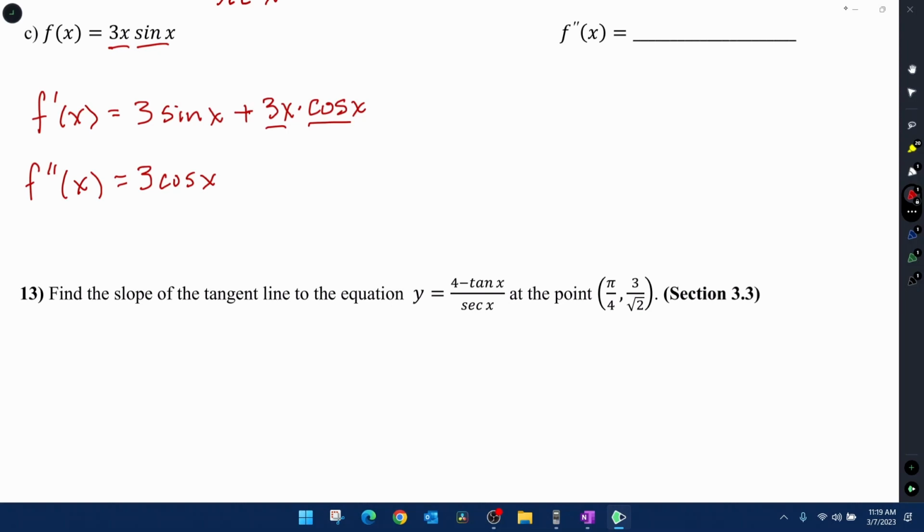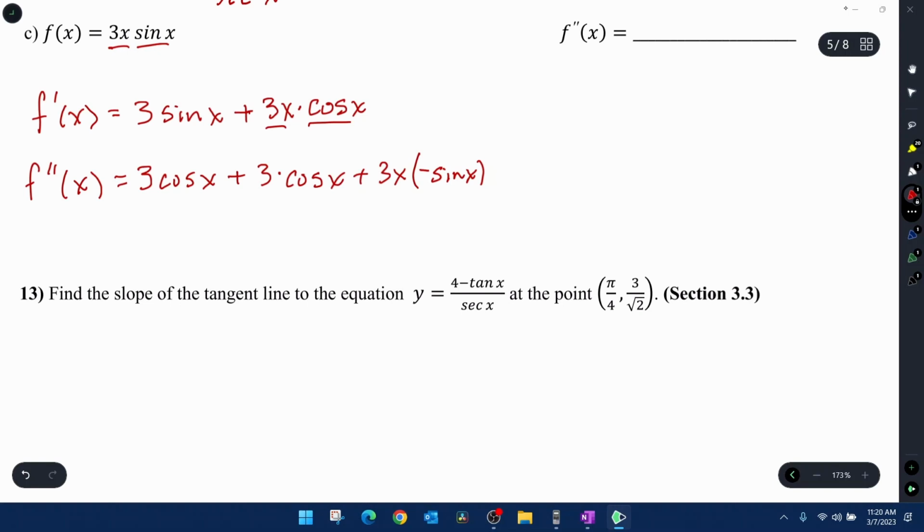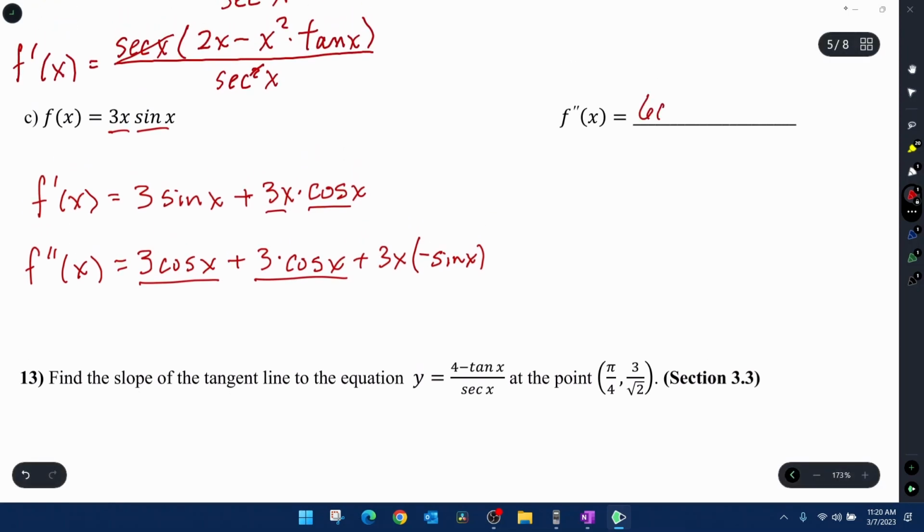So we're going to say plus the derivative of the first times the second plus the first times the derivative of the second. And what is the derivative of cosine? Negative sine. And then we need to combine like terms. I've got 3 cosine x plus 3 cosine x. That is 6 cosine x minus 3x sine x is correct.